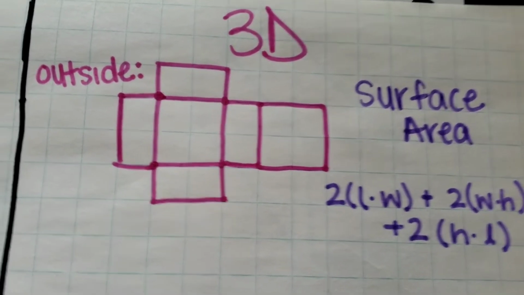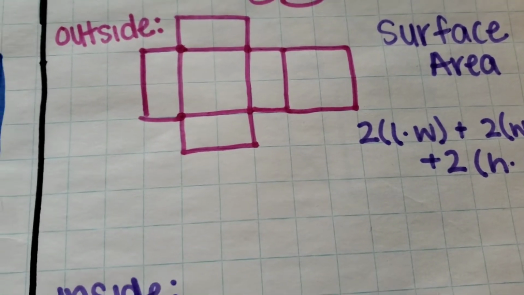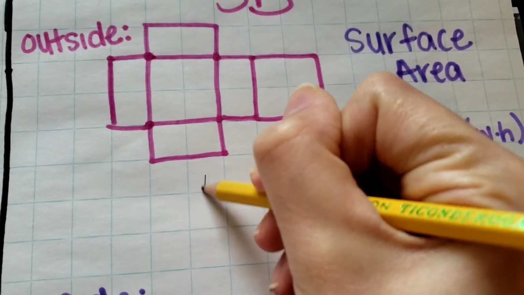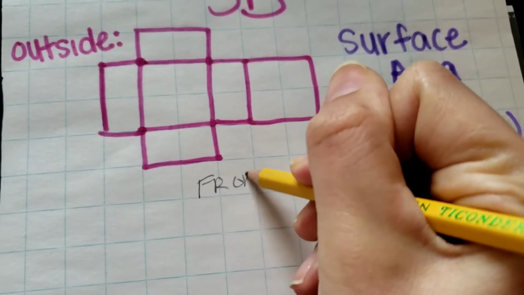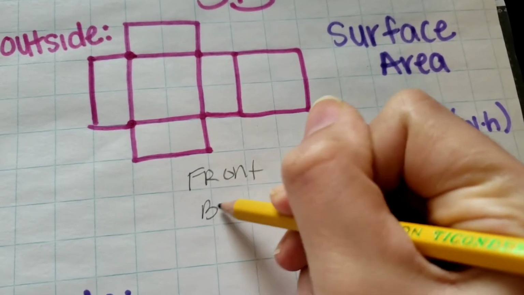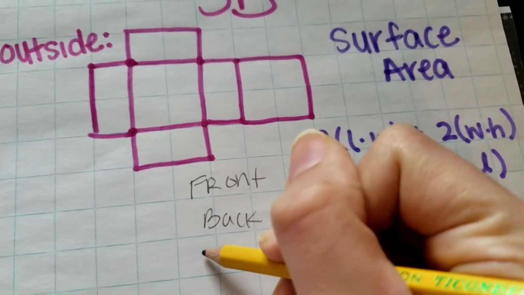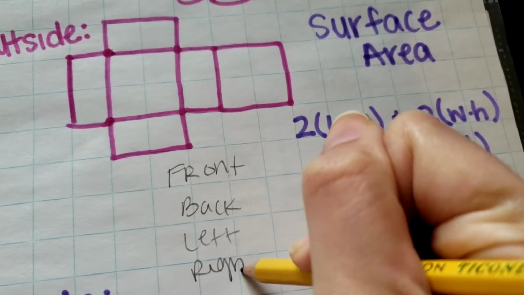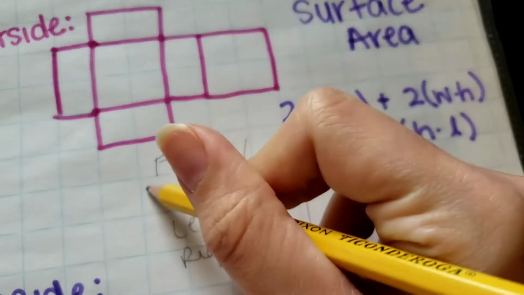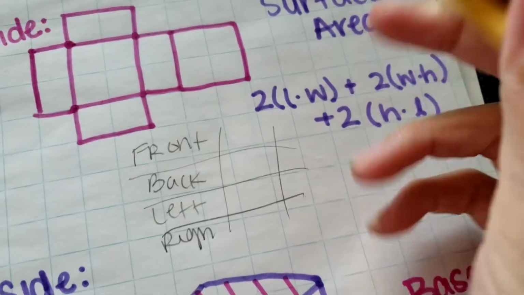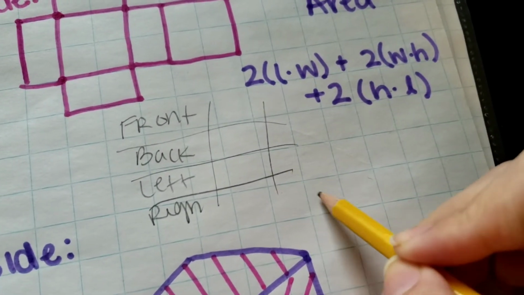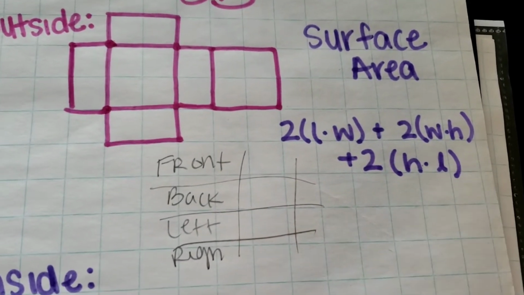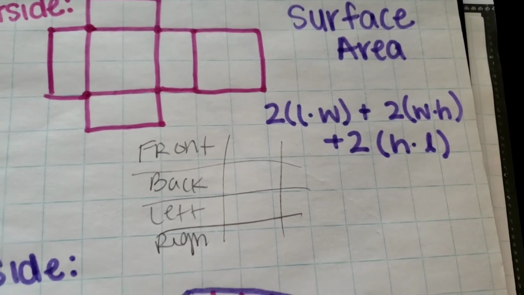If you don't want to use the cheat code, then just make the list of the front, the back, the left, the right, and like making those tables, and then finding the total surface area after you've found all the areas for each face, right?